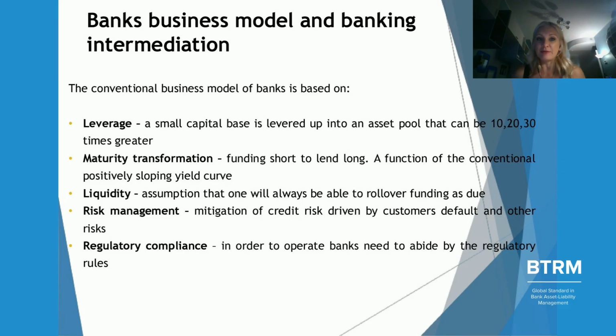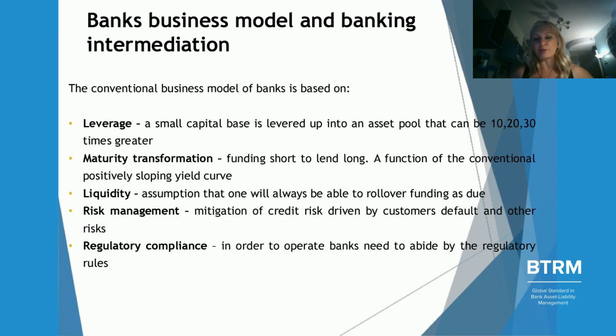We have the concept of maturity transformation, typical for ILM. So when we talk about funding strategy, when we talk about optimization of funding strategy, we always talk about maturity transformation. So basically, banks earn a portion of their profit, of income, because of maturity transformation.